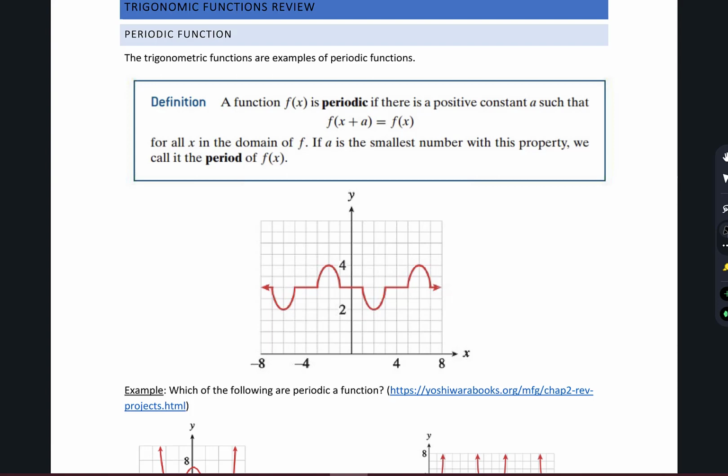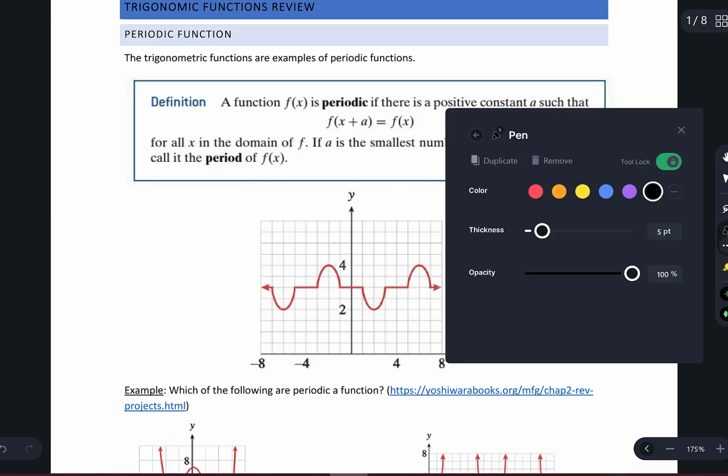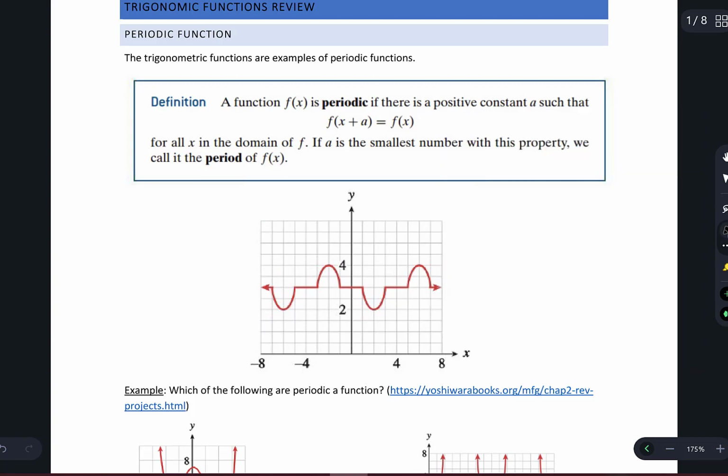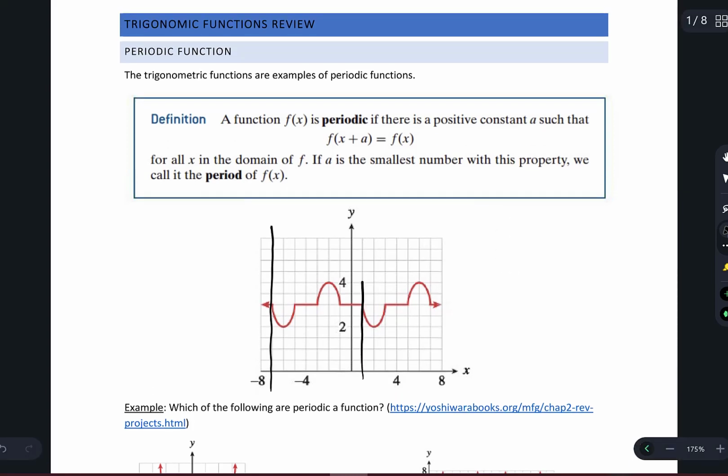So let's look at the example that we have here. First of all, notice that if we look at this function, it looks like the pattern is repeating. If we were to draw a line here, and then draw a line here, we can see that the function is repeating itself.